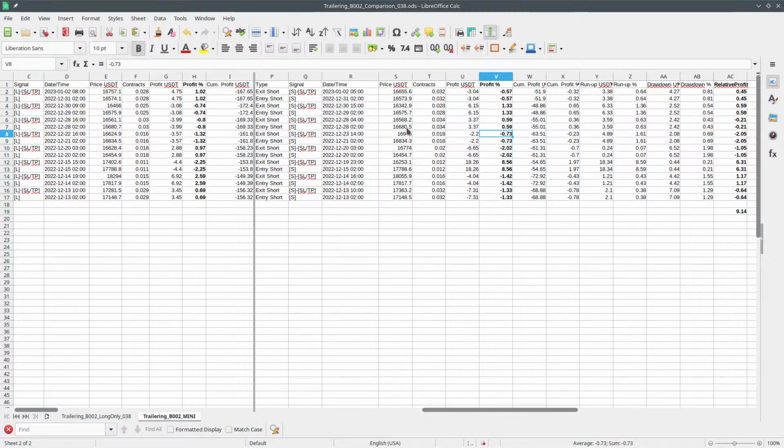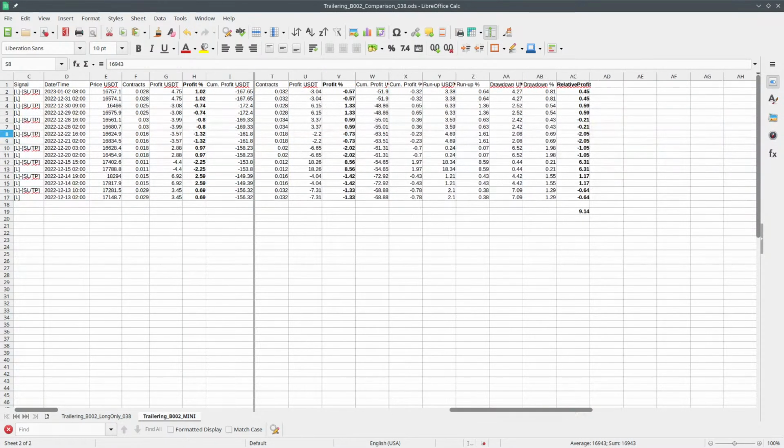Look at that. The price went down in the end. Yeah, so here you would say that you need some more ATR to keep this without a loss, but that's not what we are looking for.